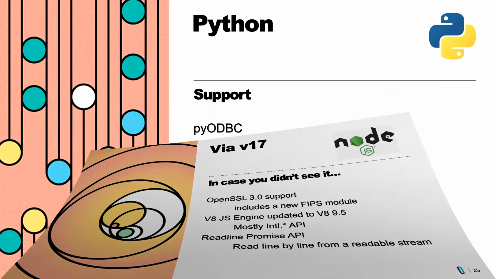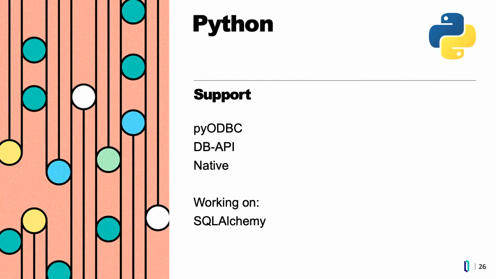Okay, let's skip over to Python. Python is relatively new. We do support PyODBC, which is basically SQL over ODBC. And we support DBAPI, which basically is SQL for ODBC. So you might wonder, why do we support two different things? When Python started originally, they implemented PyODBC because that's the standard for ODBC.